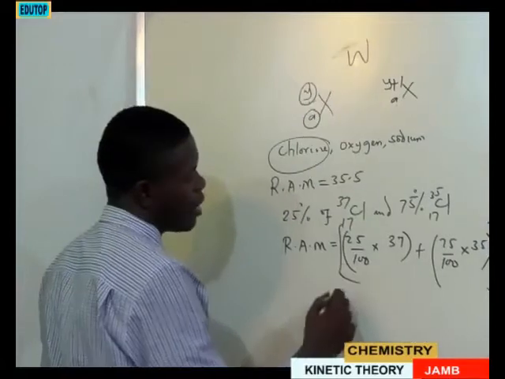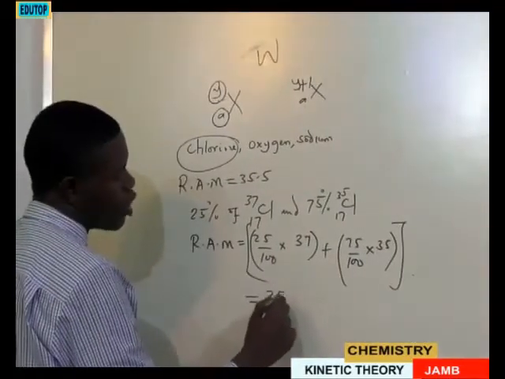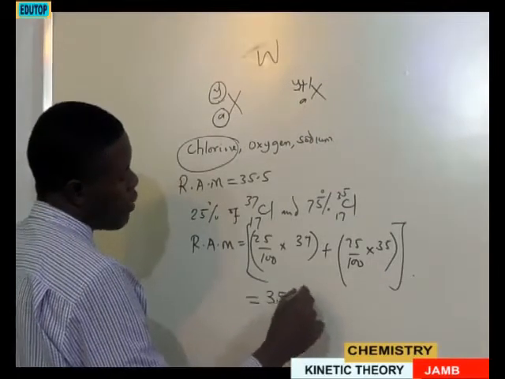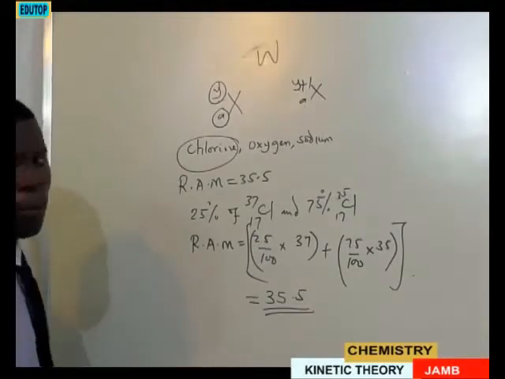At the end, when you sum this with this, you will approximately get 35.5. That is why the relative atomic mass of chlorine is 35.5.